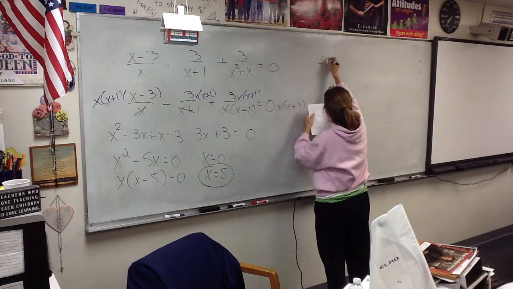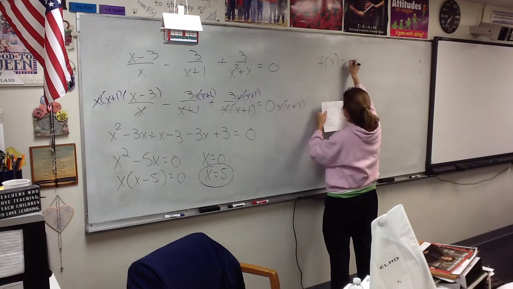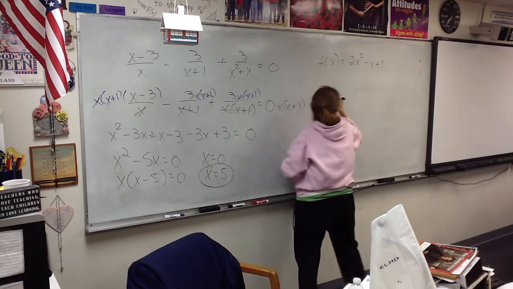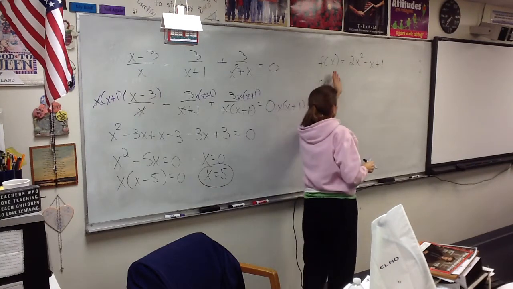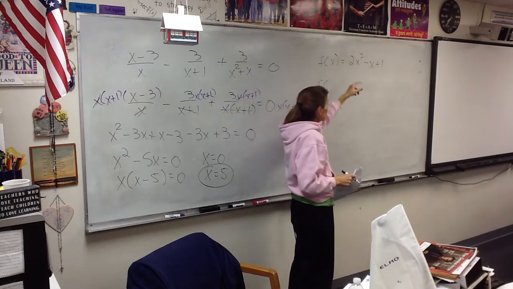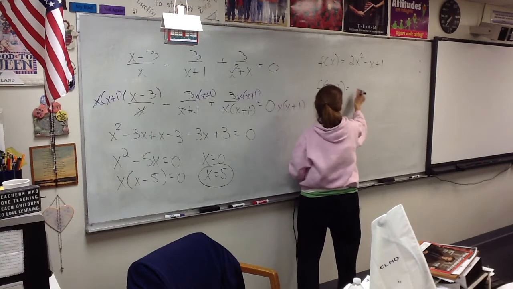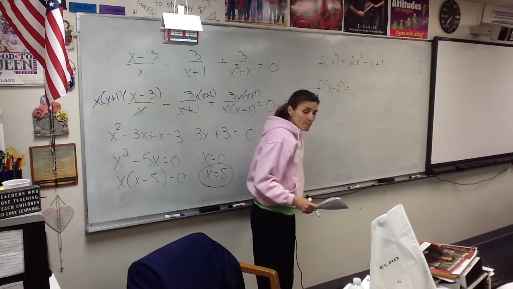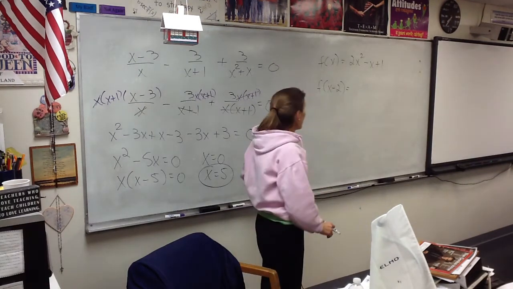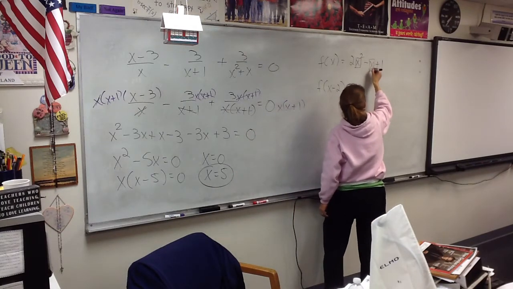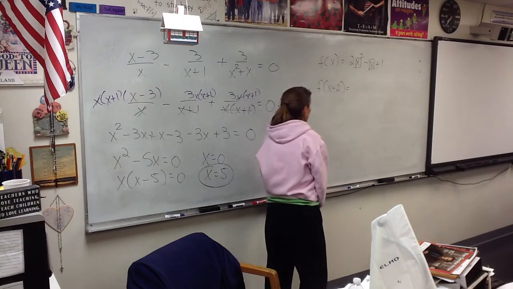Now, number 2 is a two-parter, done the same way, but just in 2 parts. The first one says, here's my function, f of x equals all that, and I'm going to plug in x minus 2. That means I'm going to take out the x, and every time I have an x, I'm going to plug in x minus 2.